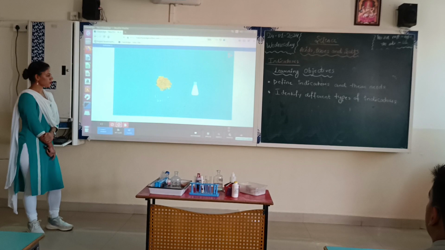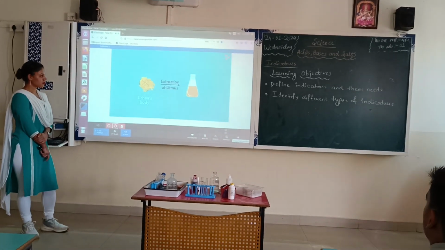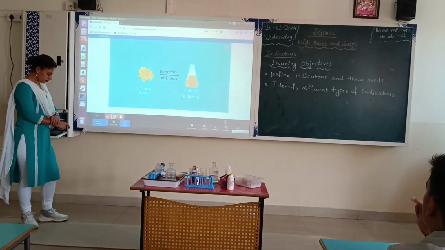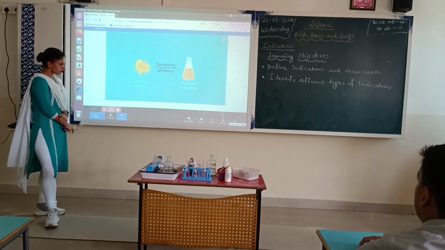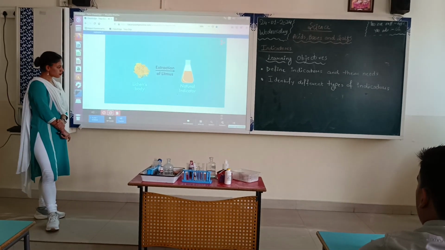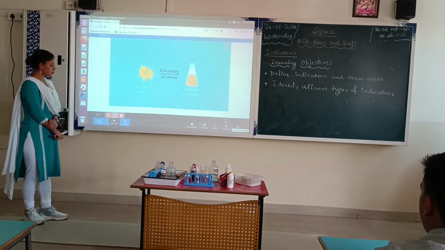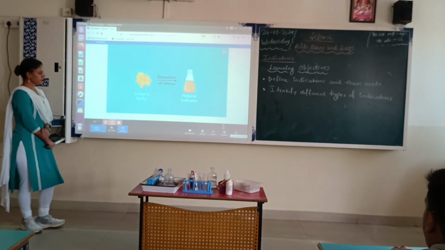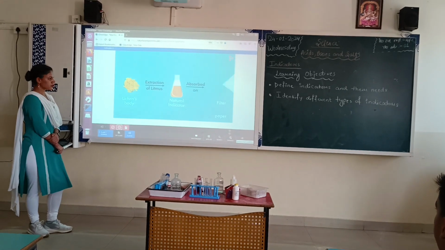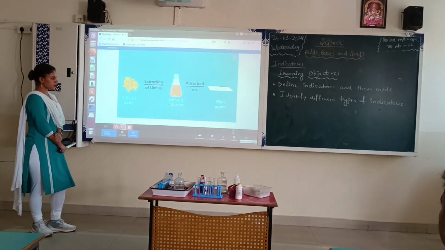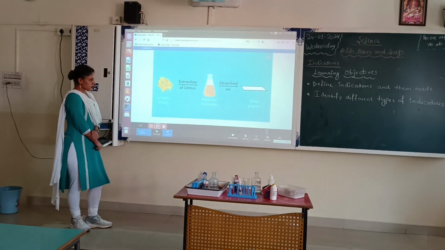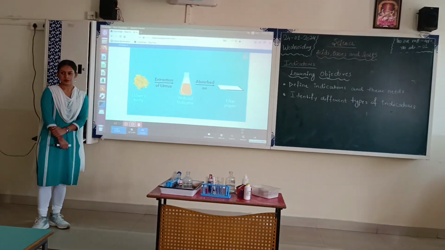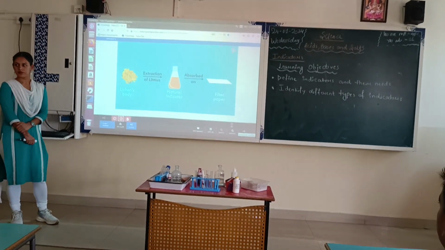So a substance extracted from a lichen's body called litmus is used as a natural indicator for chemical purposes, especially in detecting the acidic and basic nature of solutions. The litmus obtained from a lichen's body is a mixture of some dyes that are usually absorbed on a filter paper. This paper is used as an indicator for detecting acids and bases.